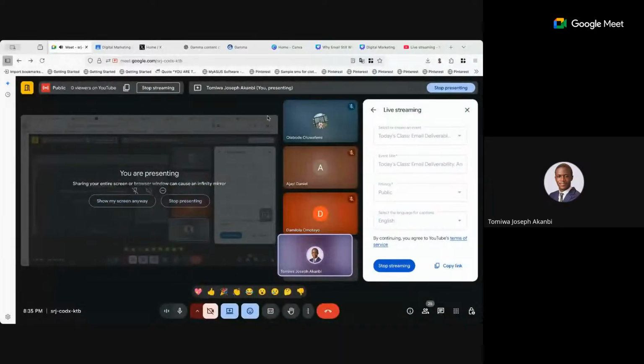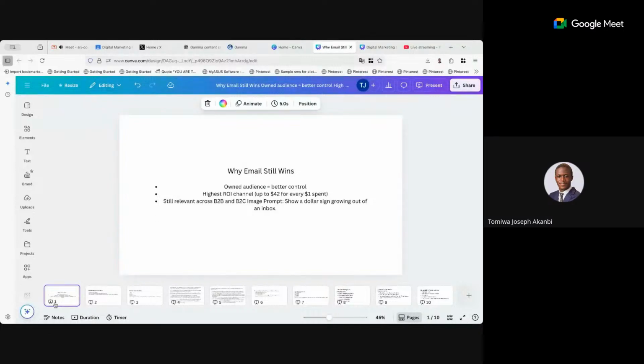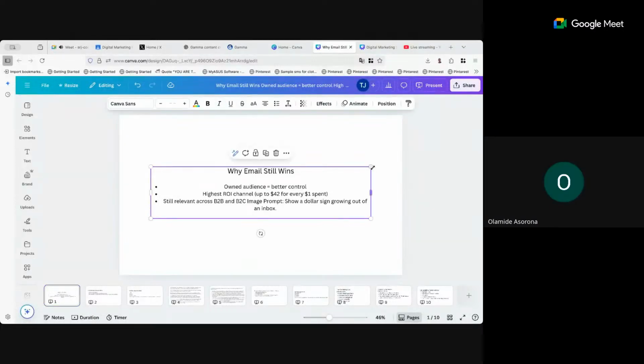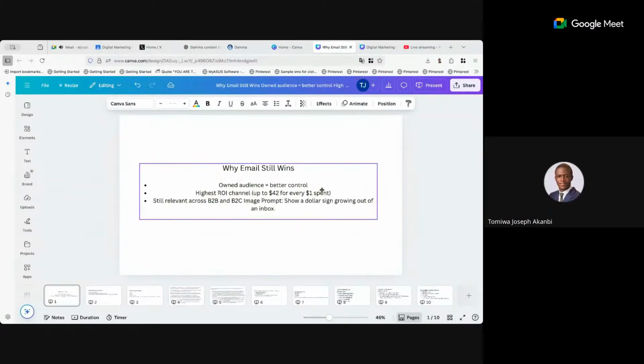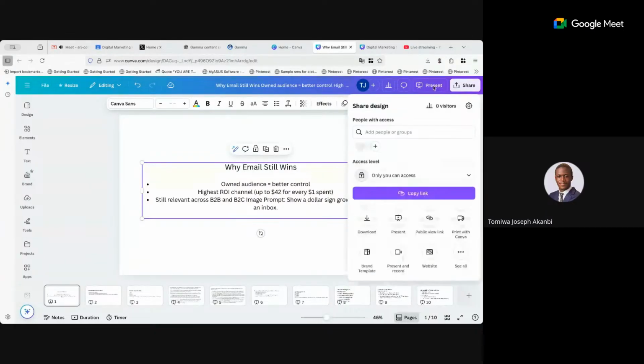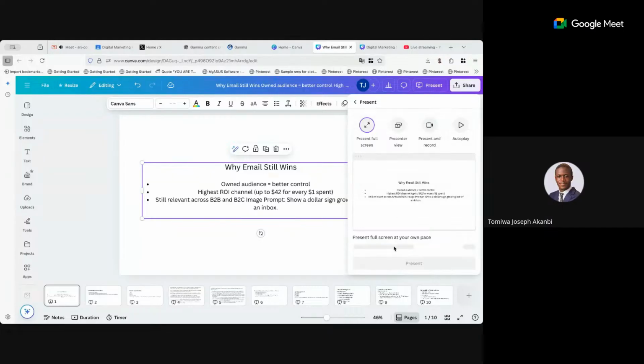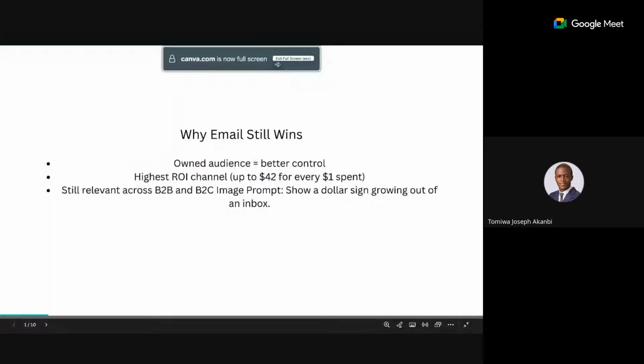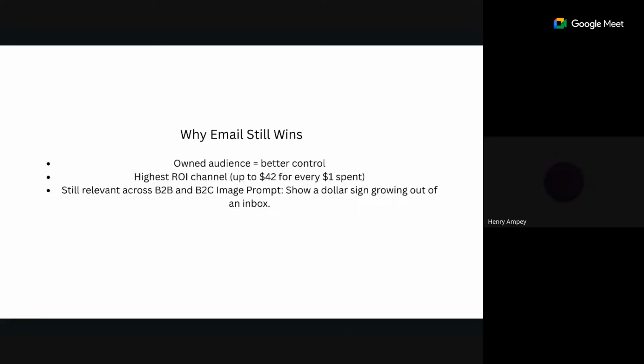Hi guys, please let me know if you can see my screen. All right, sorry, it's going to be a blank like this. Let me close so a call does not come in. Present full screen. Can you still see my screen? Yes, sir. All right, thank you very much. Yes, we can see your screen.